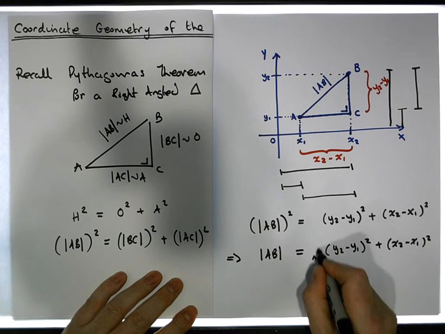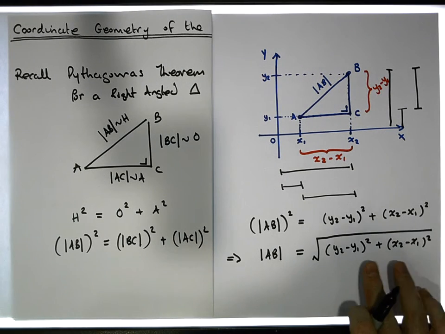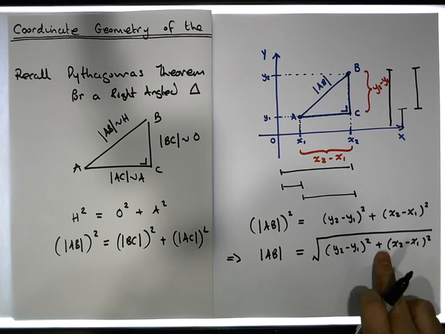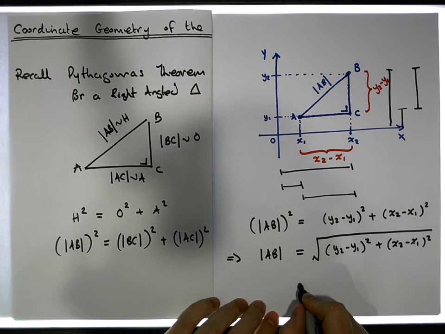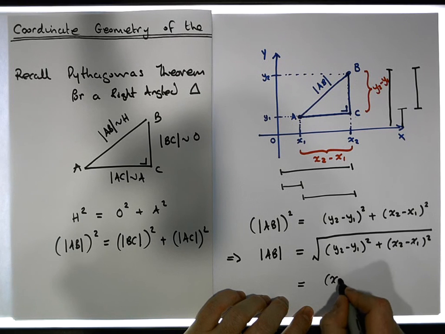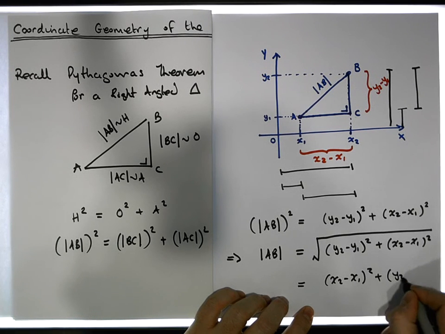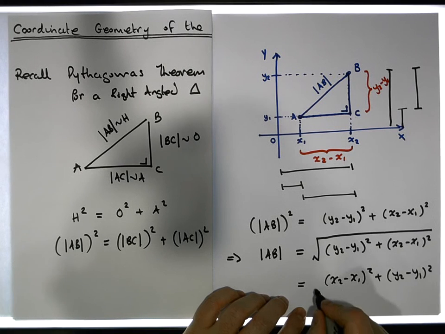And don't forget, addition is commutative, a plus b is the same as b plus a. We've probably seen this formula written with x2 minus x1 squared first, plus y2 minus y1 squared, and it's the square root of that.